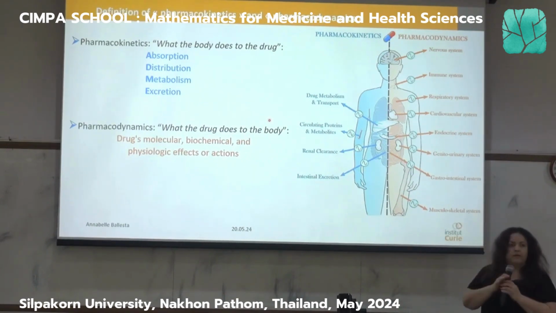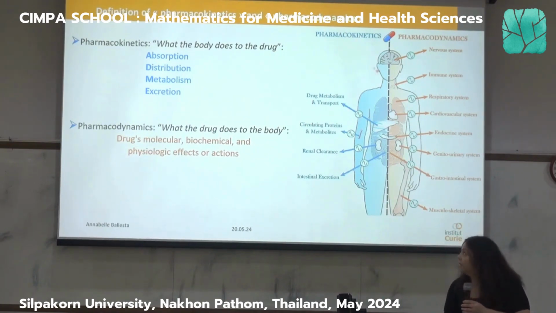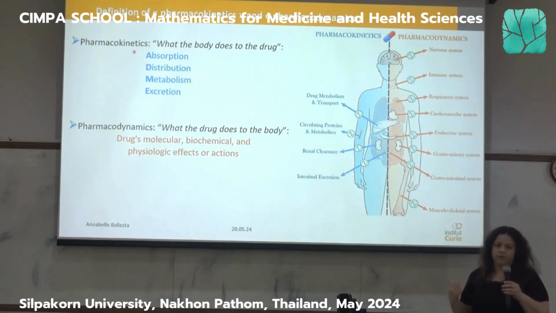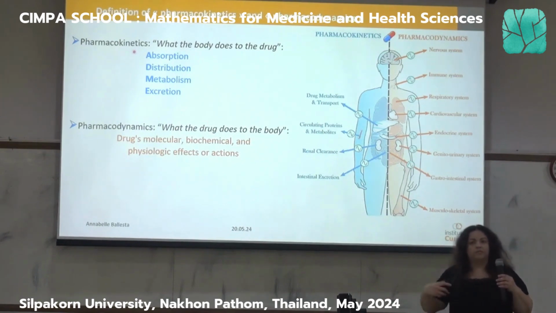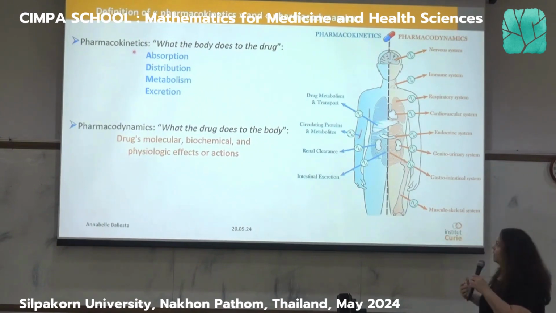It's specifically called ADME. So it stands for absorption. If for instance you take a pill, the drug will be absorbed from your intestine to the blood. Then distribution. The blood will distribute the drug throughout the body, but not necessarily uniformly.